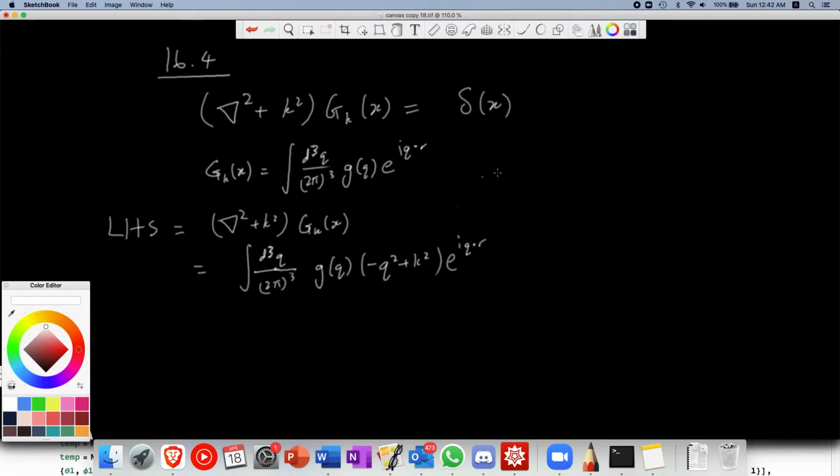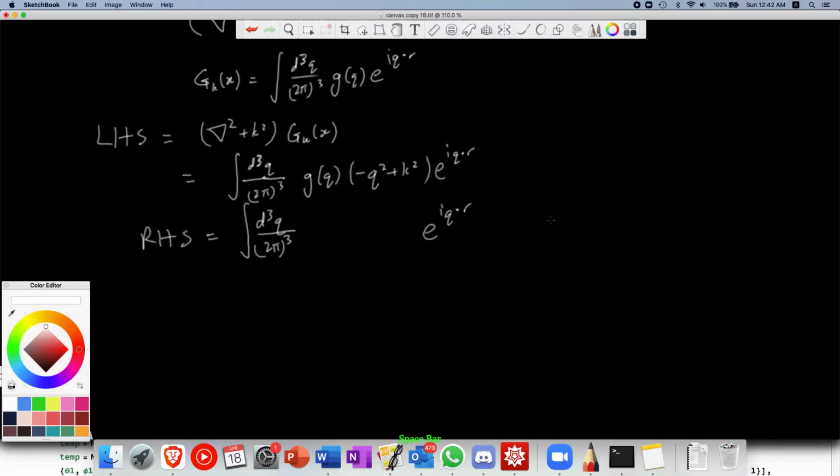And then on the right hand side, of course, we have the integral d3q over 2 pi cubed, and the right hand side is just e to the power of iq dot r. So what do we see?